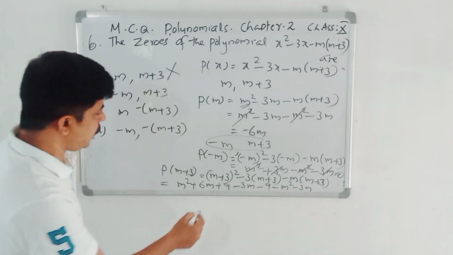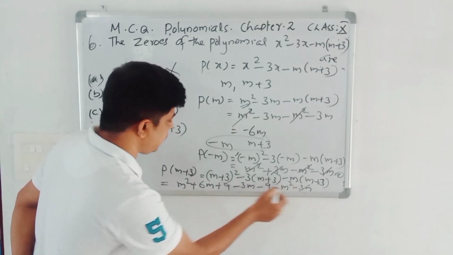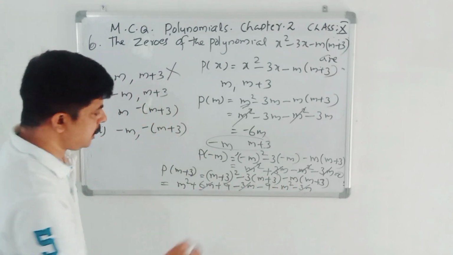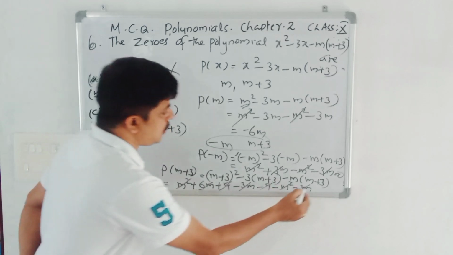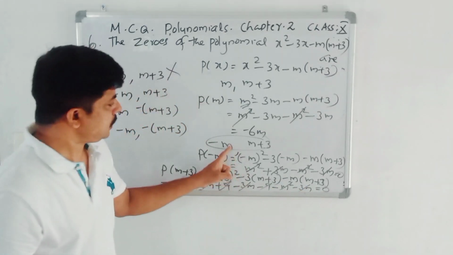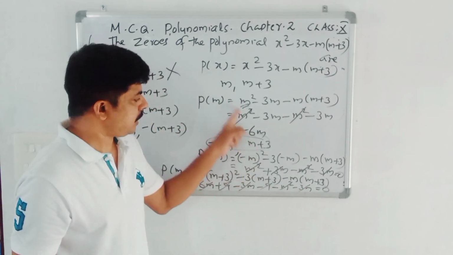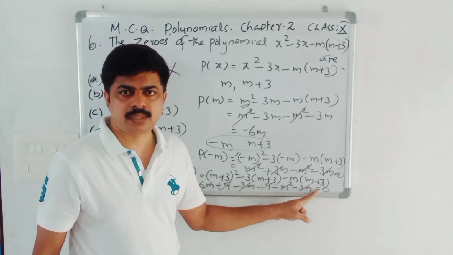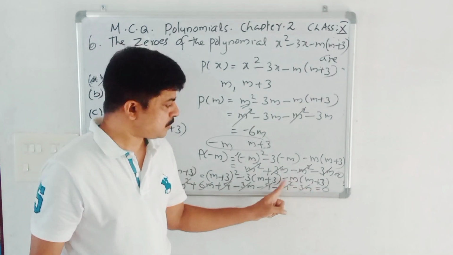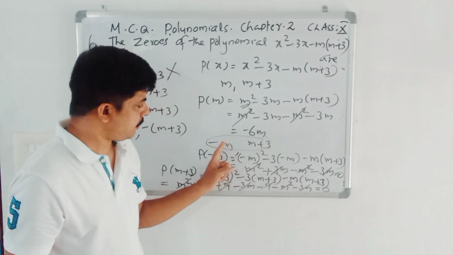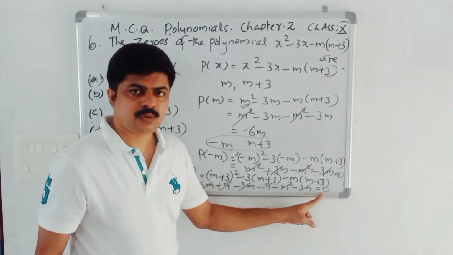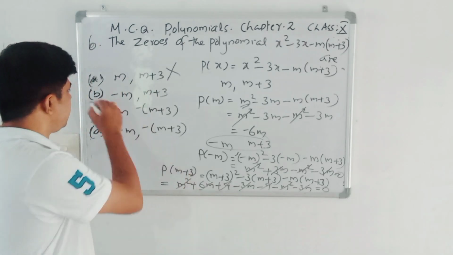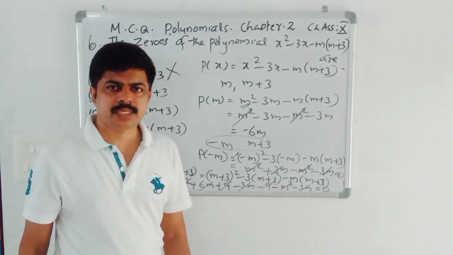The 9 and negative 9 cancel, the m square terms cancel, and the negative 3m and negative 3m with 6m cancel. Therefore, for both zeros, negative m and m plus 3, when we substitute for x we get 0. Therefore, our correct option is B.